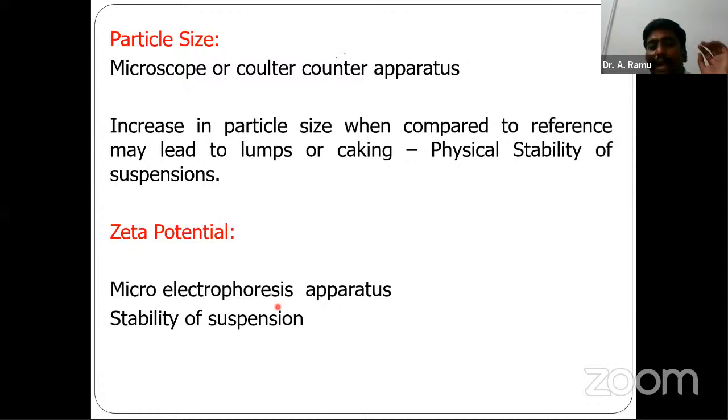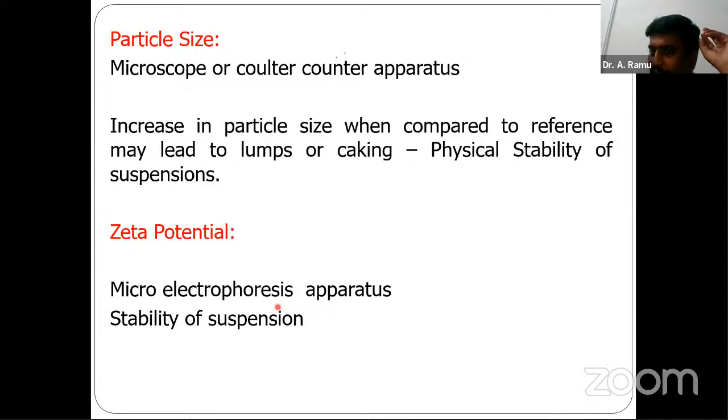For what purpose do we have to determine the particle size? Whenever the particle size is increasing, it indicates that in the suspension there are chances for flocculation, followed by formation of clumps. Clumps or aggregates in the suspension which are not easy to redisperse show large particle size when you are determining the particle size.